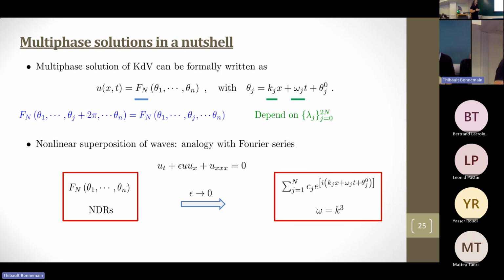And in fact, if you take the small amplitude limit of such a KdV, if you put a parameter in front of the nonlinearity and send it to 0, this just gives you plane waves, and the nonlinear dispersion relation just gives you a regular dispersion relation of linear waves. So this limit here is a limit of the theta function.